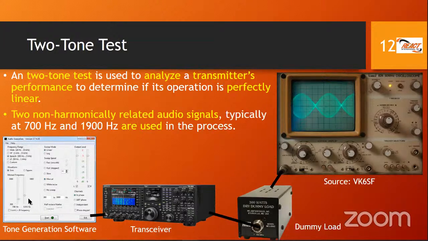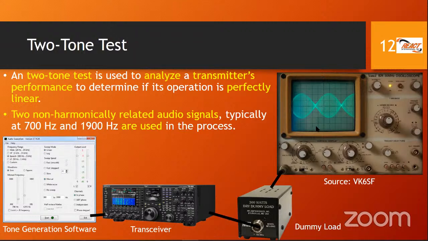And we're selecting 700 hertz and 1900 hertz. That tone goes into your transmitter or your radio, and then it transmits out. Notice here I'm using a dummy load with a tap, and then I monitor. I look at what that signal looks like. Remember, we said it's important: do not connect your transceiver directly to your oscilloscope. You have to attenuate the signal in whichever way you do.